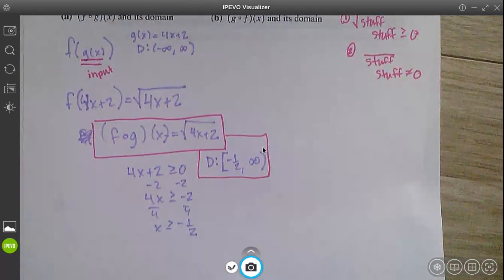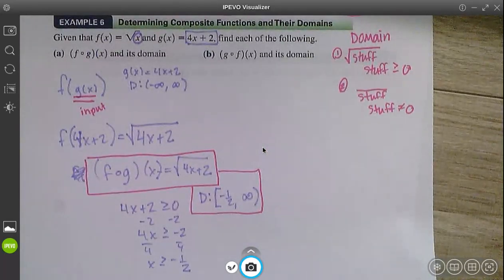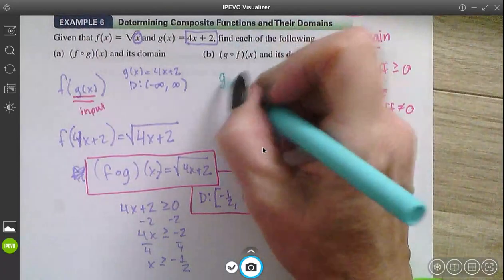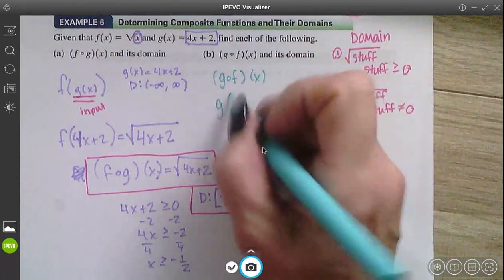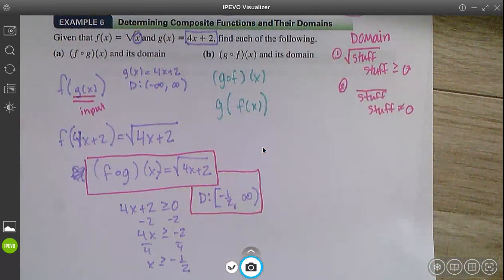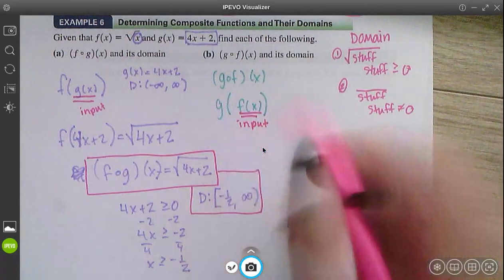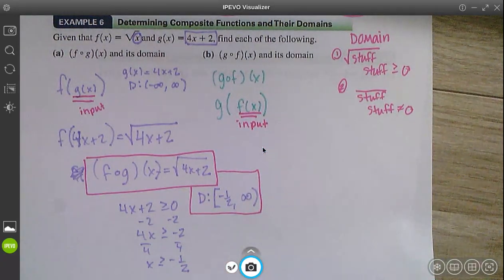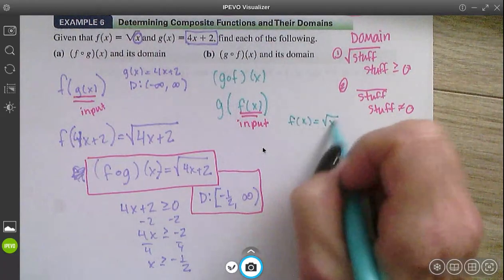Let's look at g circle f of x. So now we've got to go backwards. G circle f of x means g of f of x. Well, this time f of x is our input because it's the one on the inside. So our input function, f of x, is the square root of x.